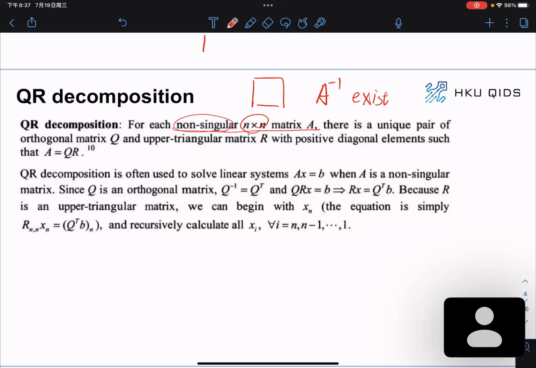For each non-singular matrix, there is one unique pair of an orthogonal matrix Q and an upper triangular matrix R. Then what is an orthogonal matrix? Again, an orthogonal matrix is basically saying that the transpose of this matrix Q is going to be the same as its inverse matrix. I think if you have done some manual matrix calculation, you know how powerful this is, right?